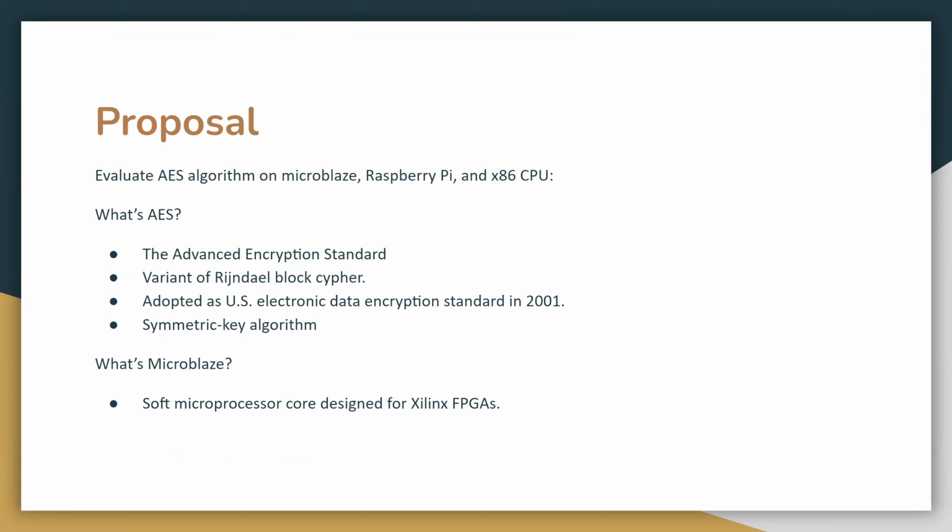This algorithm was adopted as the US Electronic Data Encryption Standard in 2001. It uses a symmetric key algorithm, which I'll be talking about more in a few slides. We're also looking at performance over MicroBlaze, which is a soft microprocessor core designed for the Xilinx FPGAs, which we're going to be using on the Nexys A7 board.